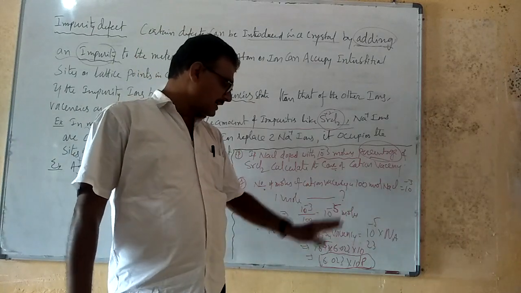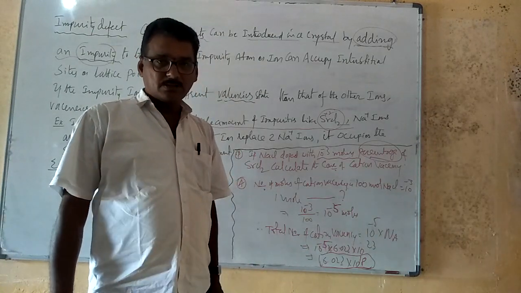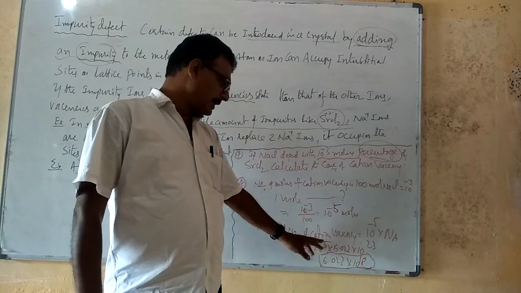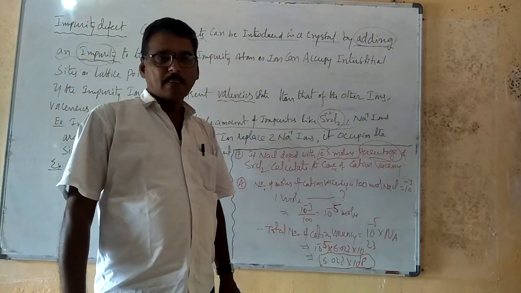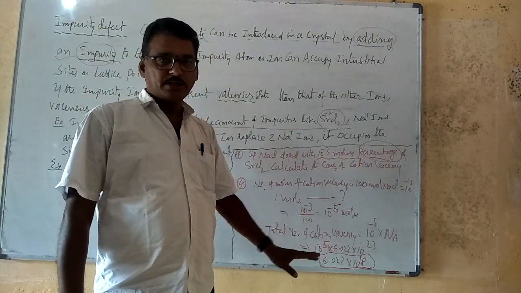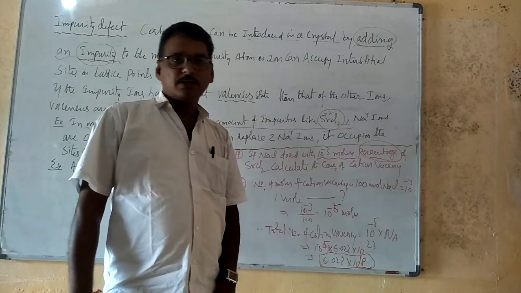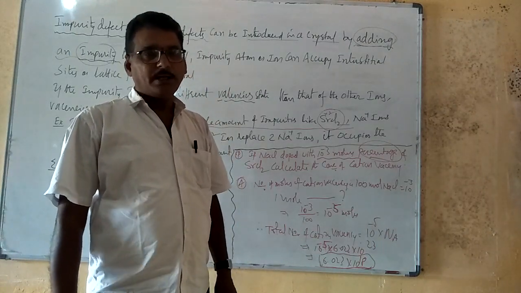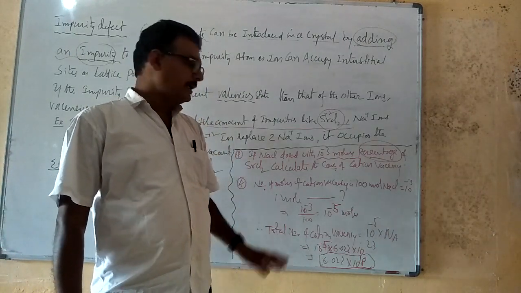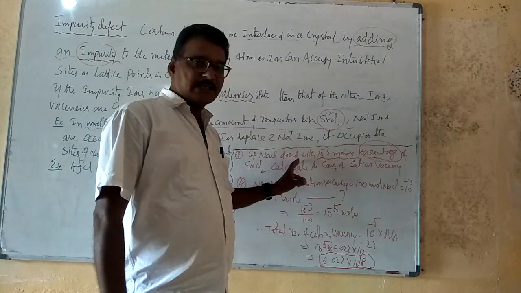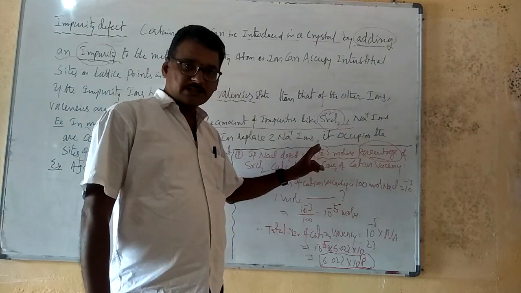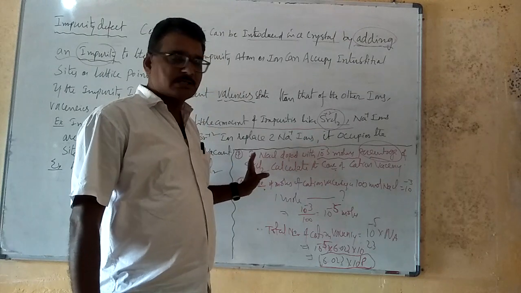Now the total number of cation vacancies means multiplying by Avogadro's number. Therefore, 10 power minus 5 into 6.023 into 10 power 23 is equal to 6.023 into 10 power 18. Okay? In the given case, NaCl is doped with 10 power minus 3 mole percentage of SrCl2.